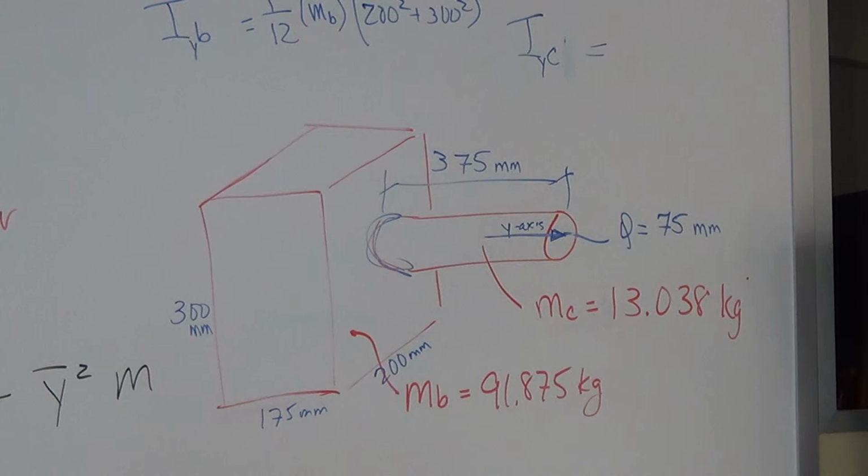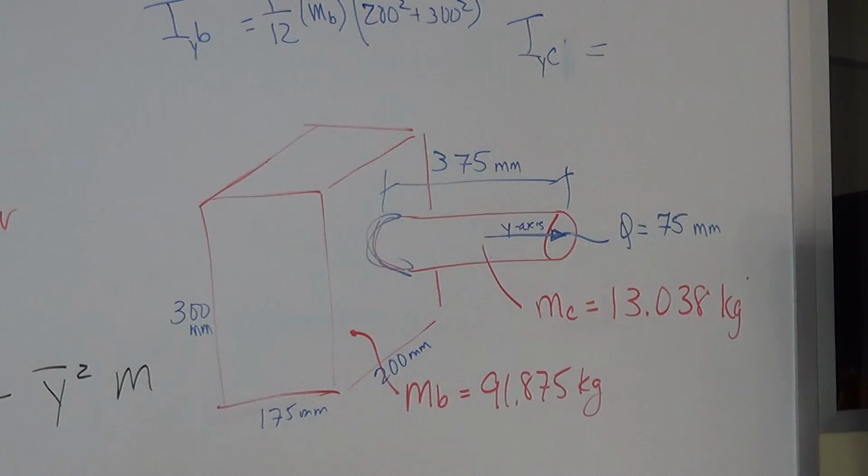The circular cylinder. Why? Because there's a radius defined. In the slender rod, it's so slender that the radius really doesn't even come into play in creating a moment of inertia about that axis.